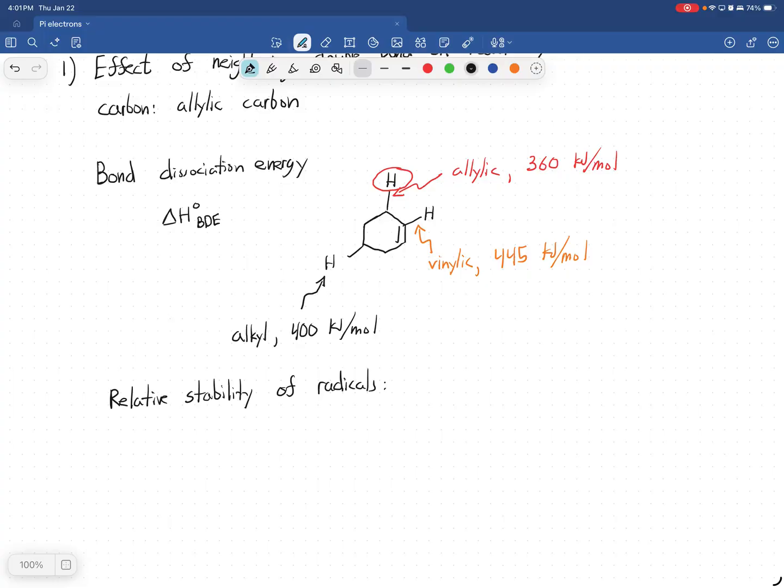So what would be the most stable radical of all these three positions? Allylic, vinylic, or alkyl? Which bond is easier to break? Which hydrogen is most easily removed?